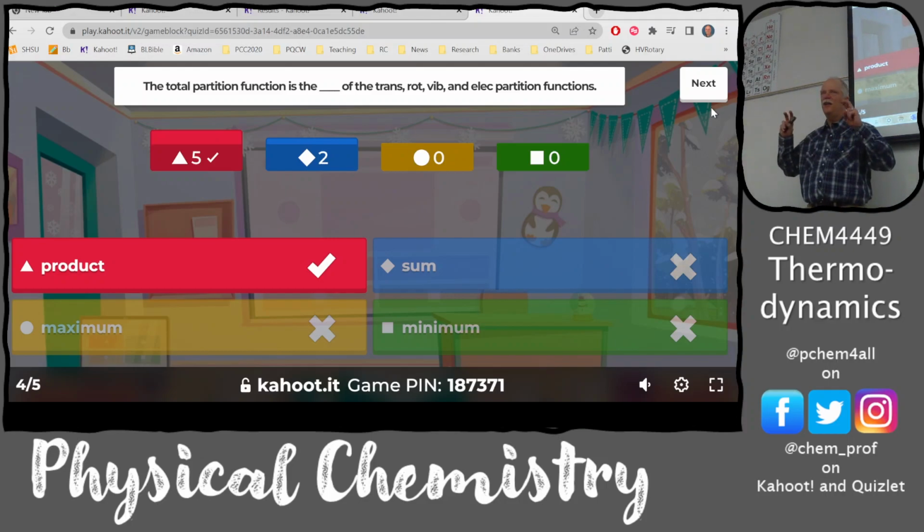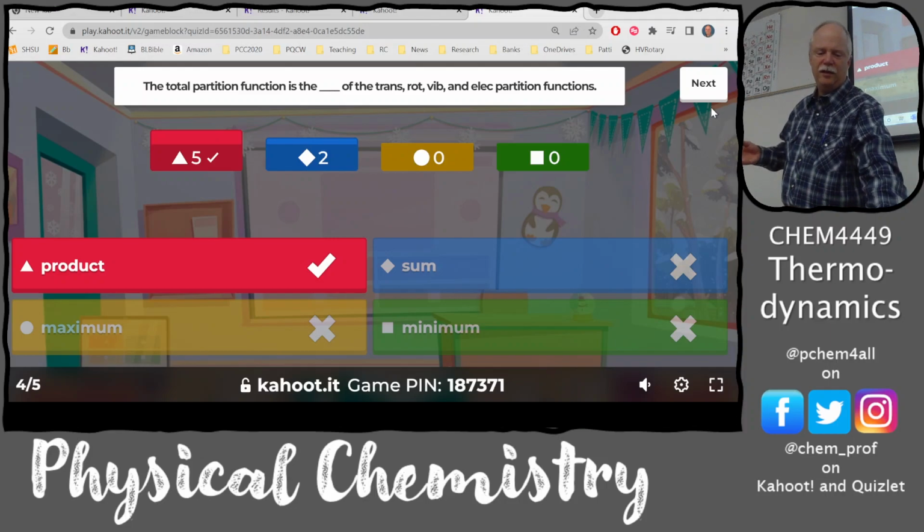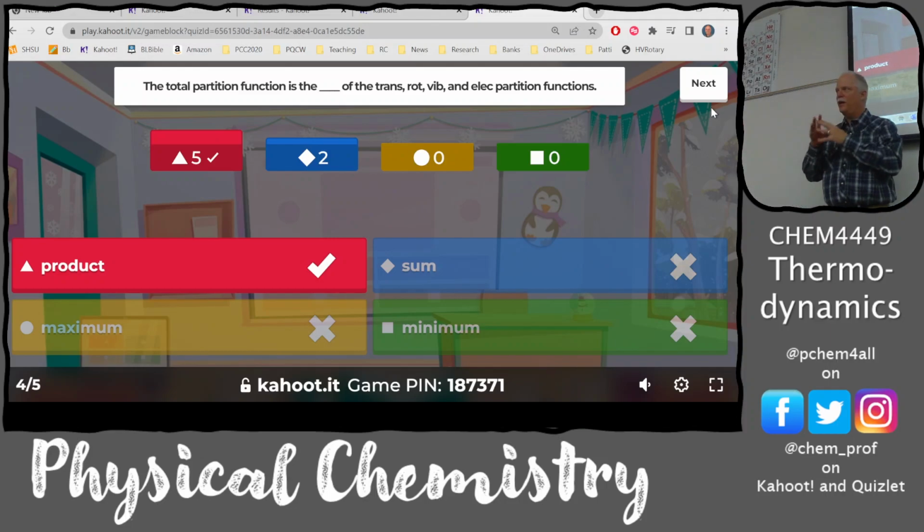This is the number of populated states, right? And if I have a bunch of rotational populated states times the vibrational populated states and so on. The reason it's a product is because it's probabilities, right? So if I have a 50% chance of being in an excited state here times a 50% chance of being in an excited state in the vibrations and so on. So for each individual molecule, it's the probabilities times each other.